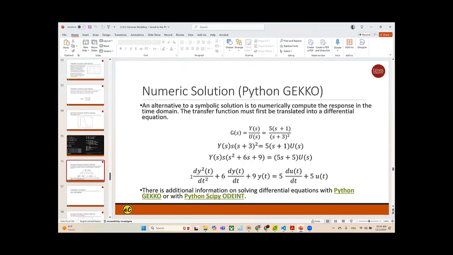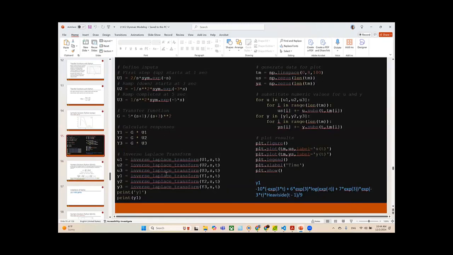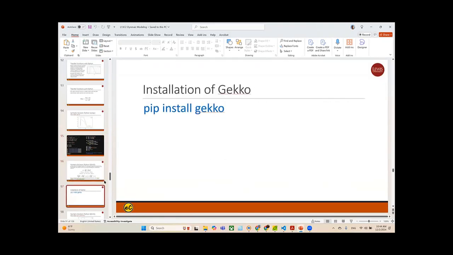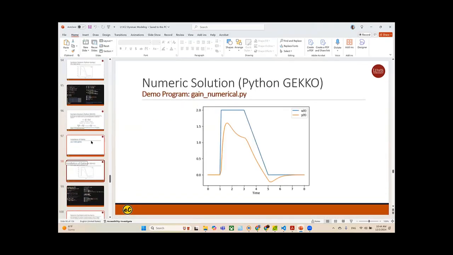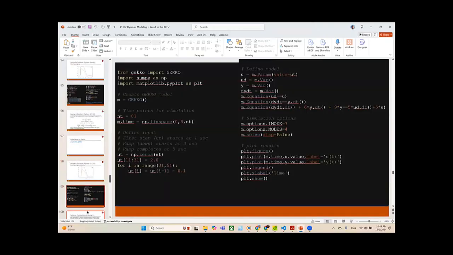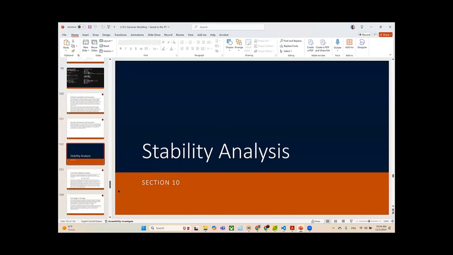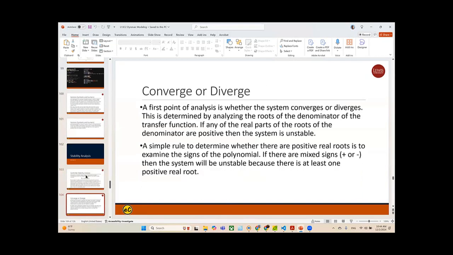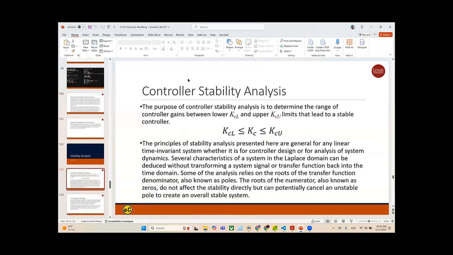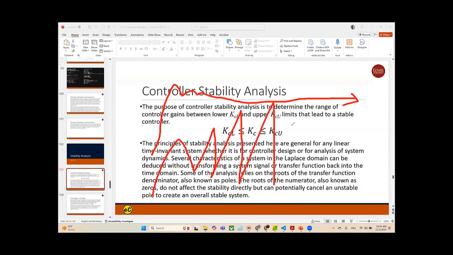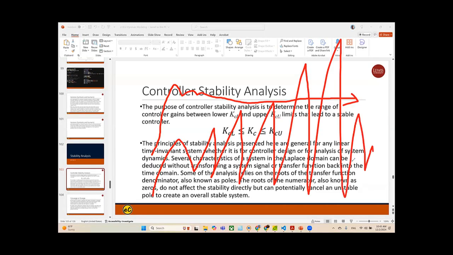So we do have some simulation as well. We do some simulation on this Laplace transform, and you need to install the Gekko package. And then you can use the Laplace system to analyze the system stability. System stability is concerned with whether, when you shoot up, you stably converge, or you end up with a growing divergent system.